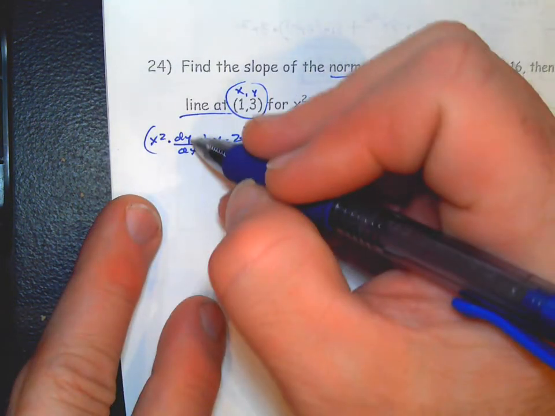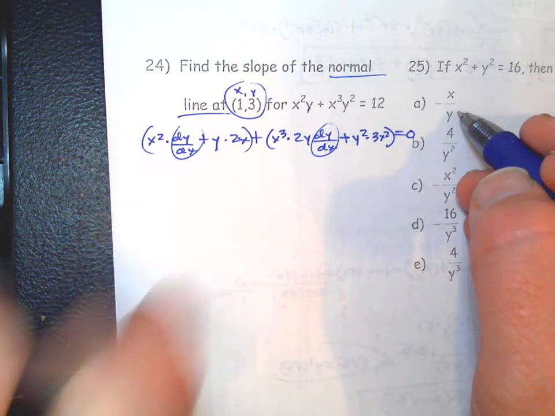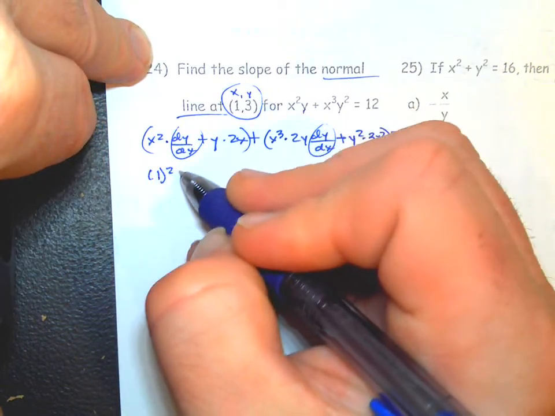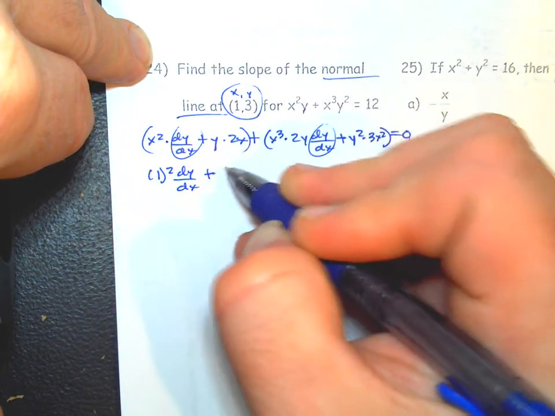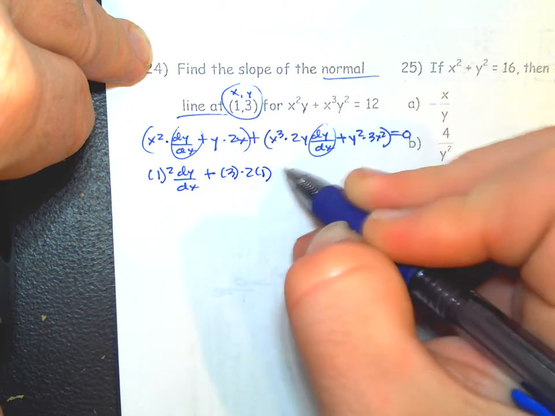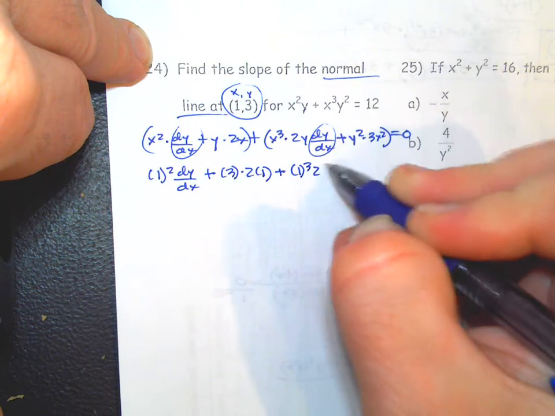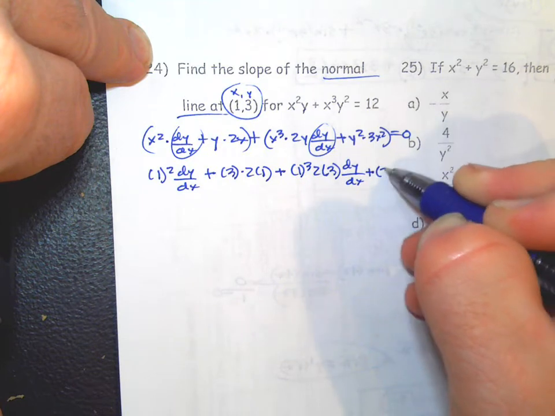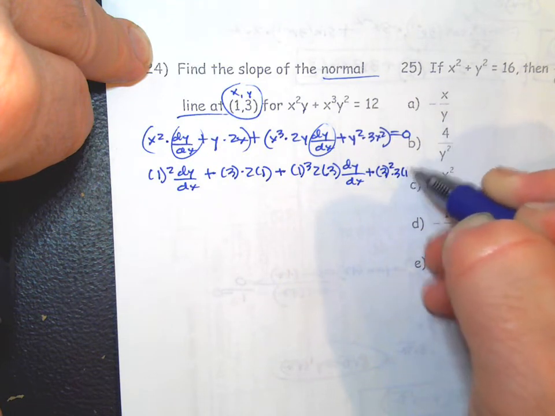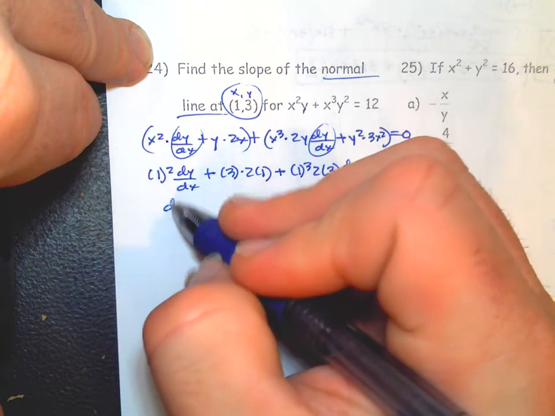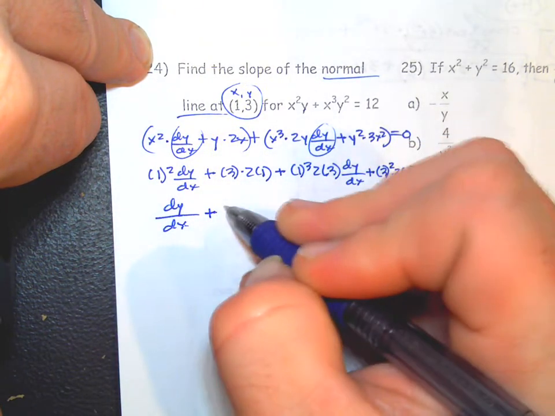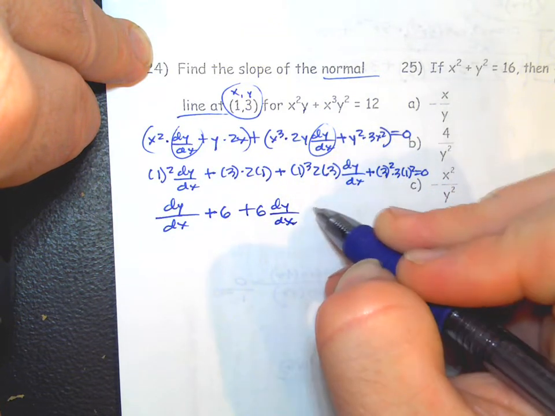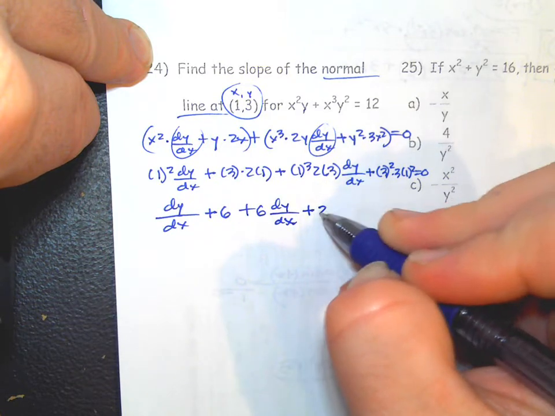And we want to find the slope. Now, I'd plug in this x and y numbers right in right now. I think that makes it a lot easier. So you got 1 squared, 3, so you got dy dx plus 6 dy dx plus 27 equals 0.